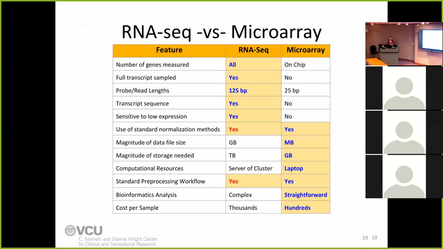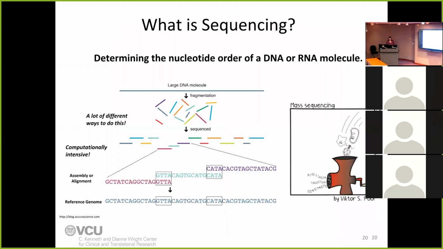But you still have tons of data. You're not going to get around that. So you still need a server or a cluster to process sequencing experiments. And the bioinformatics analysis and quality control and debugging can be more complex. Okay. Do we have any questions so far on microarrays?